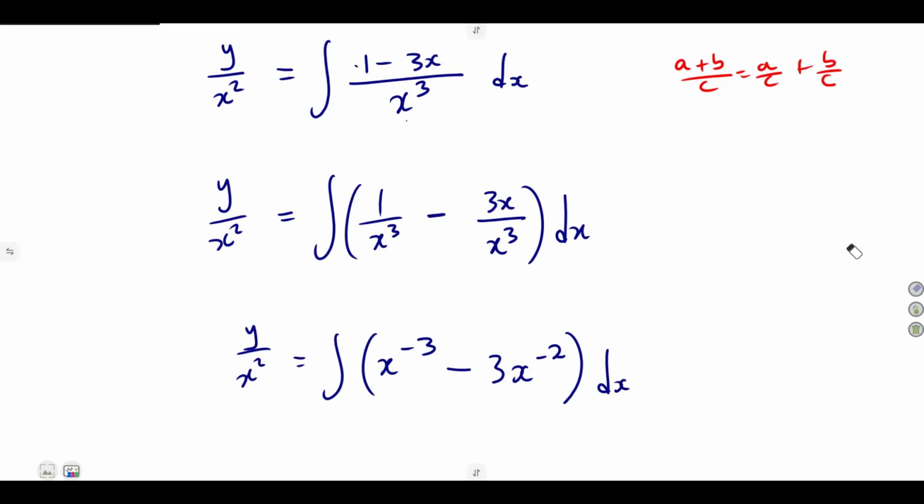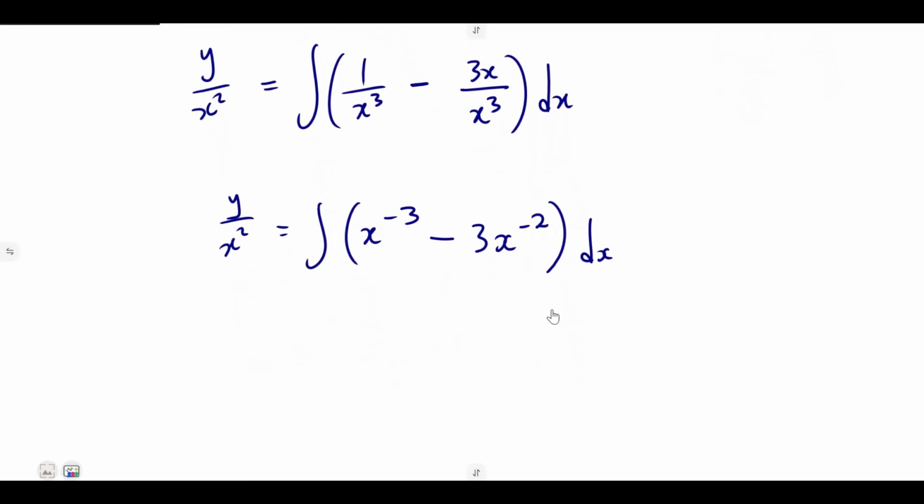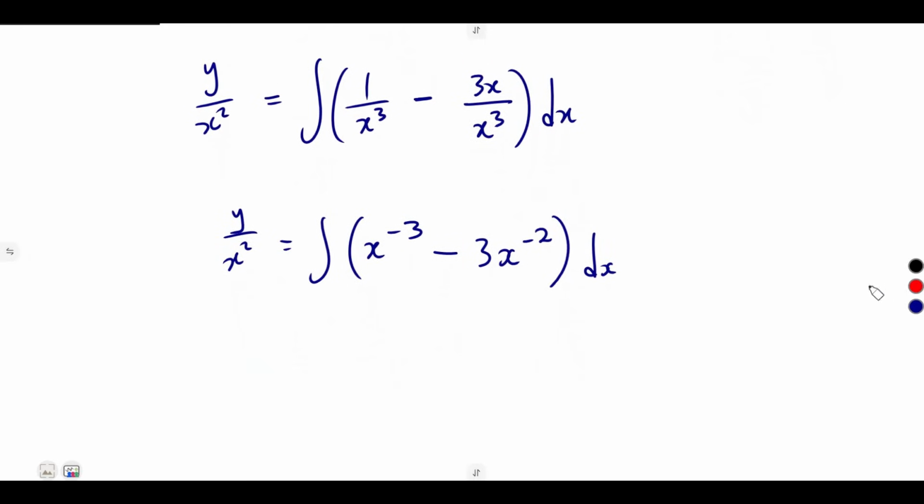As we can see, our terms are raised to a certain power, so we can integrate as we do understand in that consideration. We just need to add 1 to our exponent: x to the n plus 1 over n plus 1, plus c. That is the condition. We can integrate when it is like that.